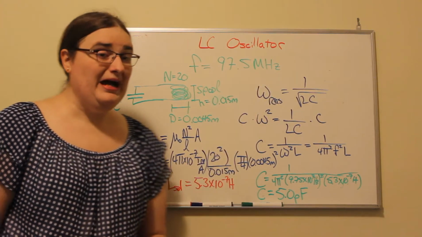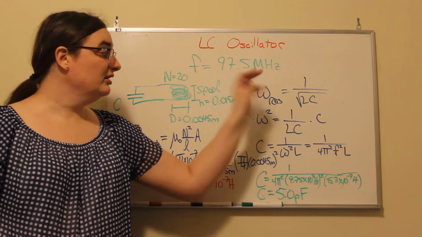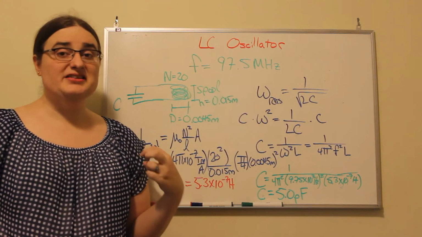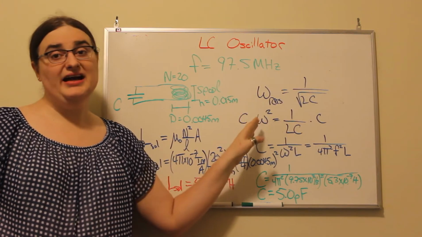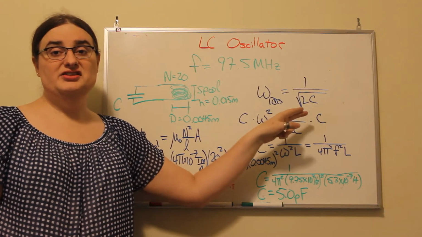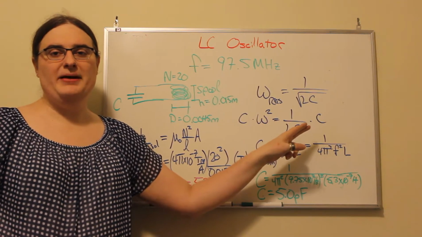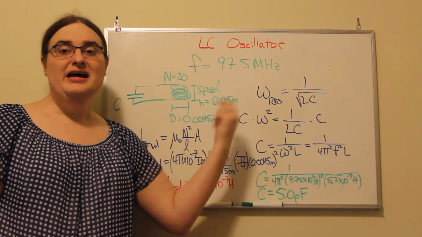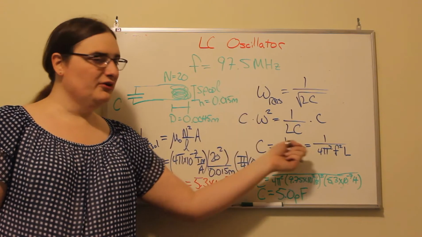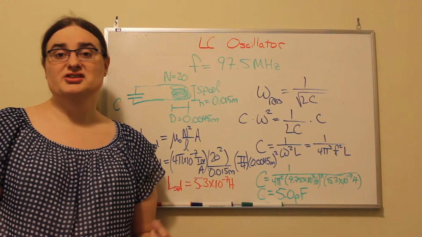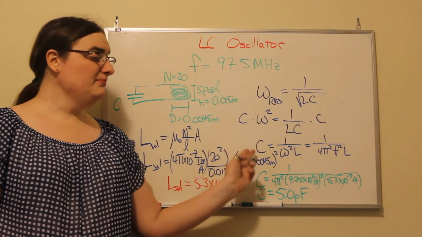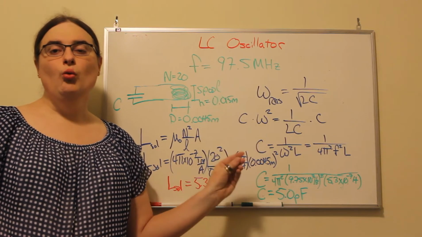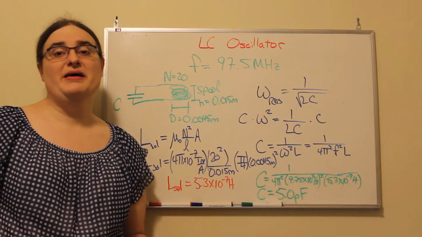To find our capacitance, we can take our natural frequency omega and solve for the capacitance. If I square both sides, I get omega squared is equal to 1 over the inductance times the capacitance. I can multiply both sides by the capacitance and then divide both sides by omega squared. So that means my capacitance is going to be equal to 1 over omega squared times my inductance.